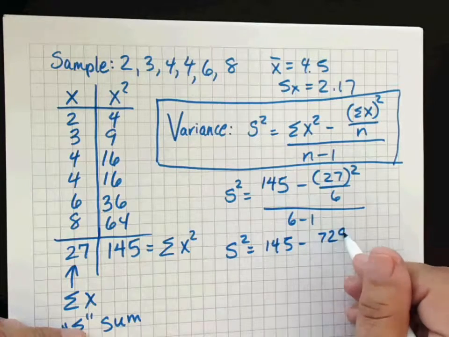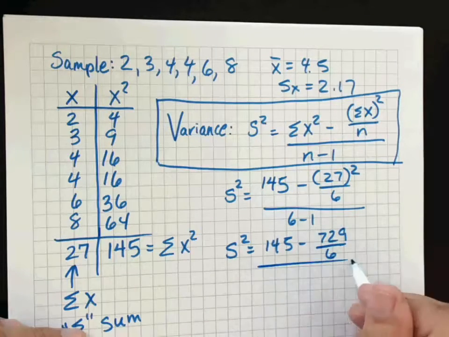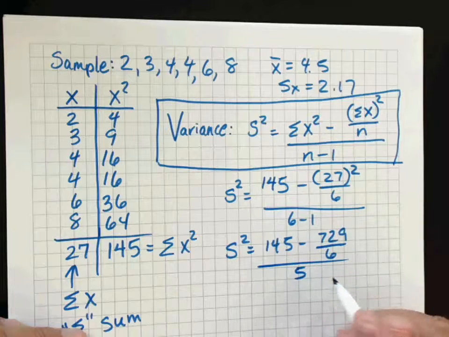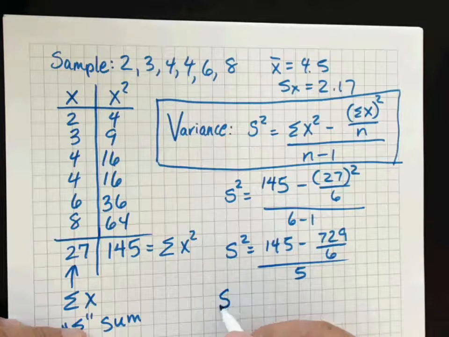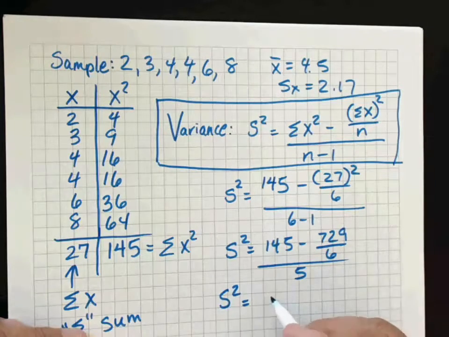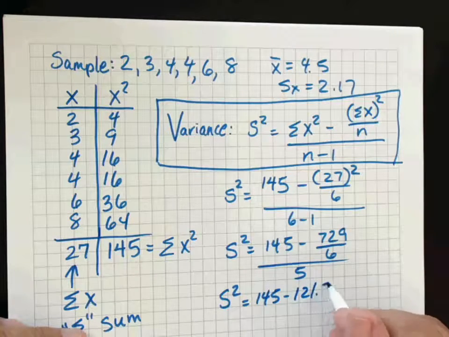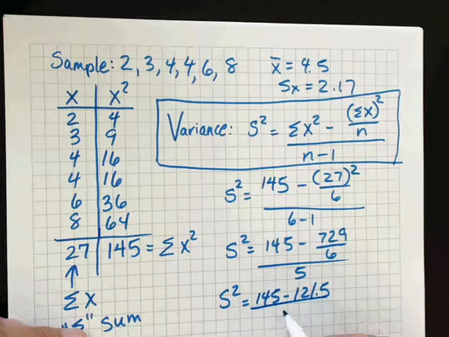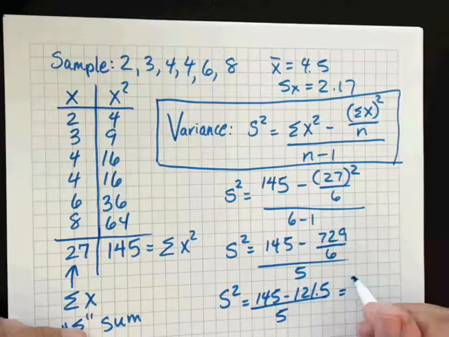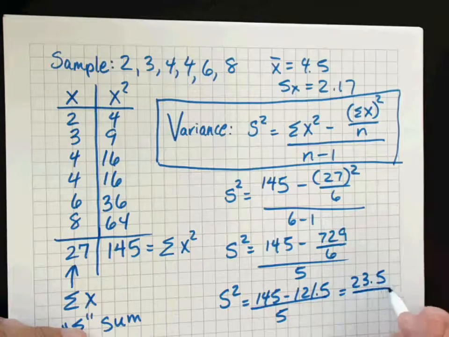All right. So that means that s squared is 145. 27 squared is 729. Divide that by 6. Divide by 5. So s squared is 145 minus 121.5 all over 5, which is 23.5 over 5.